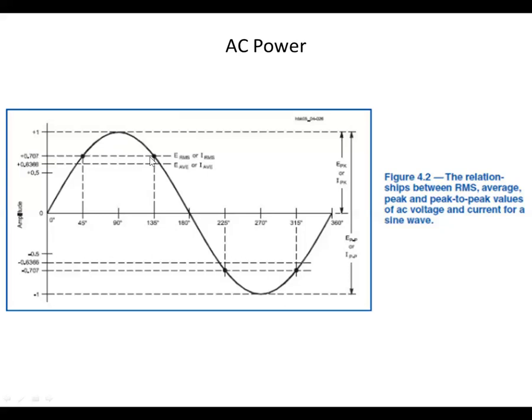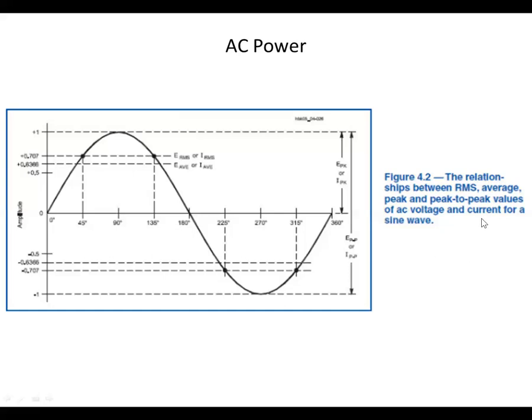Now, in your house power wiring, it's referred to as 120 volts AC, and what they're referring to is the RMS value for the power, because your actual peak voltage would be 1 over 0.707 times the 120. So it's probably up in the 150, 160 range for your peak voltage.